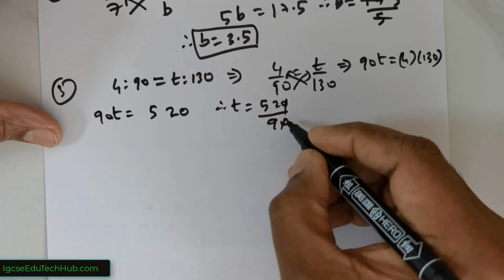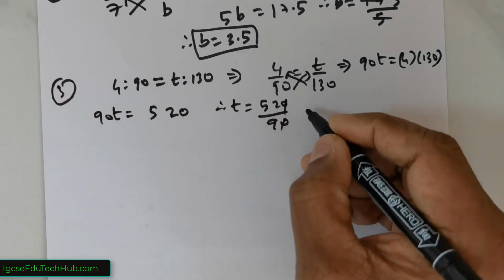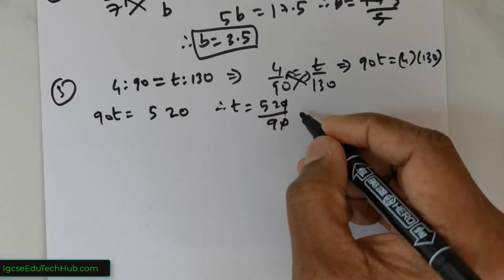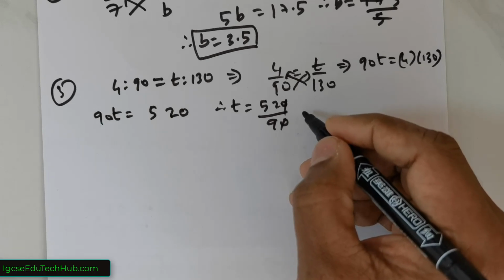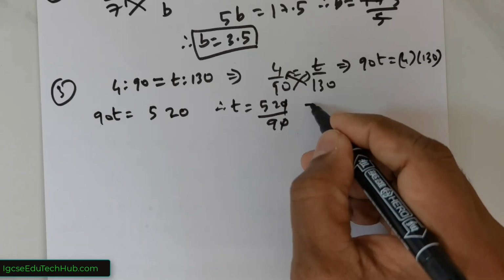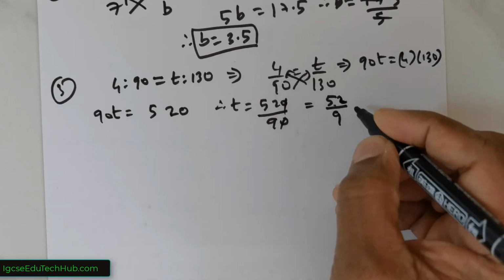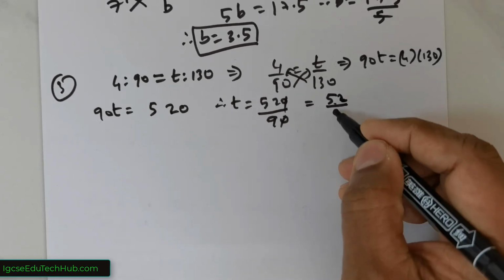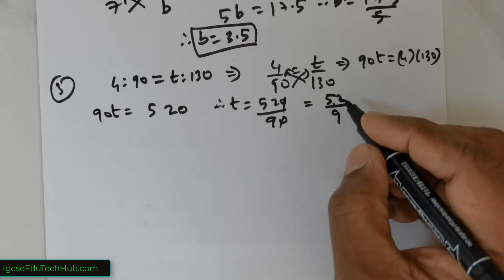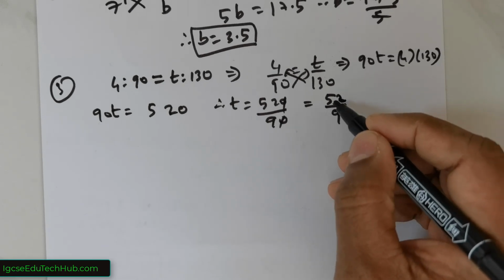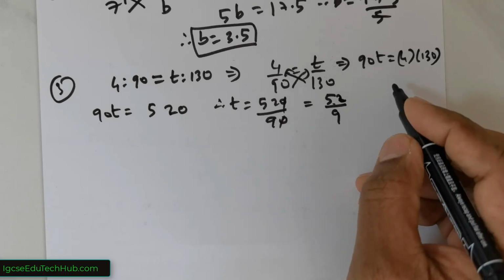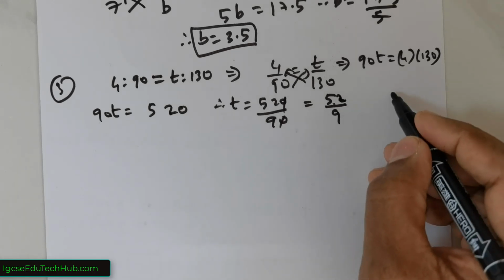Cancel the zeros. Now what would I do? I have to pick out a quantity which is in a position to divide both the things. Even if I were to take 3, it won't divide 52. 3 will divide 9, but 3 will not divide 52.